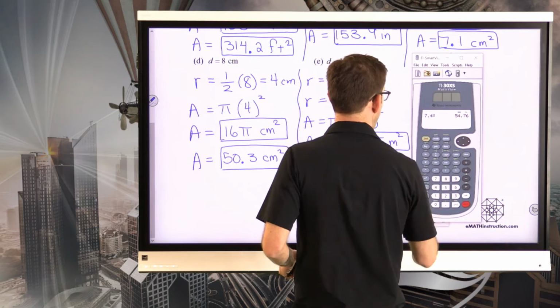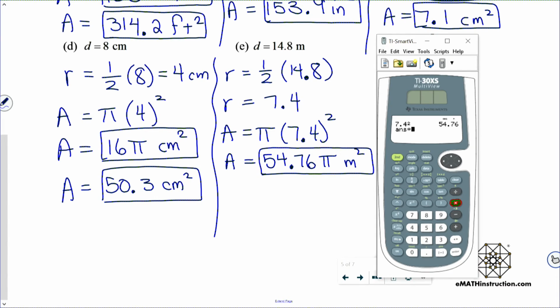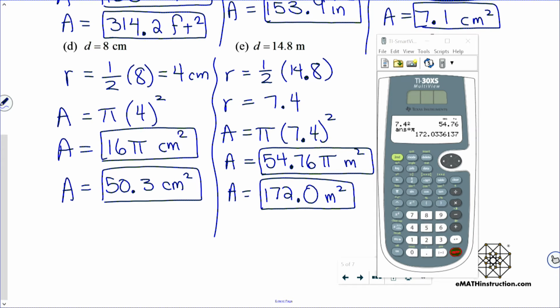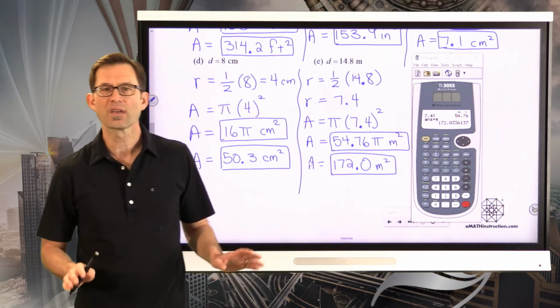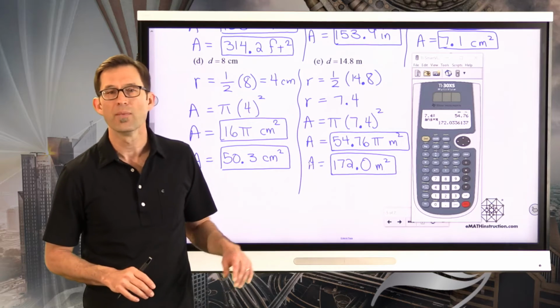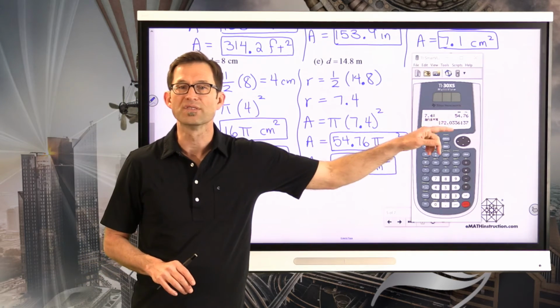Now, if I want to get it as a rounded answer, I can take my calculator, where my 54.76 is still there, and just multiply that answer by pi. So now my area is 172, and technically it's 0.0 meters squared, right? If I'm rounding that to the nearest tenth, and this is kind of a tricky rounding scenario, I've got 172.03.